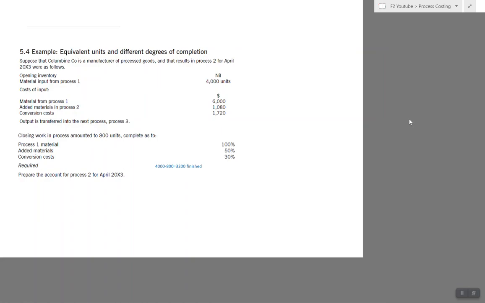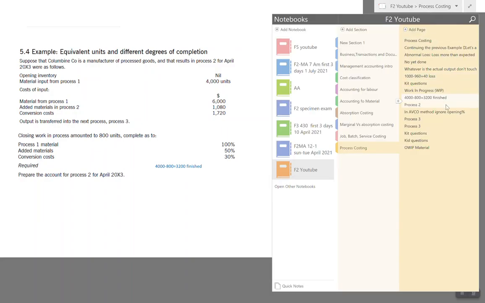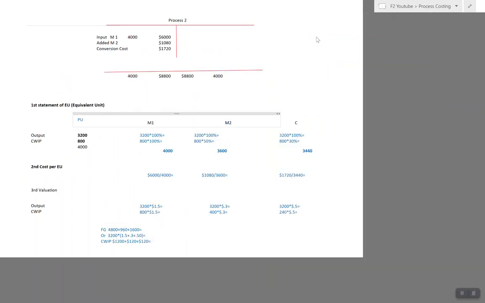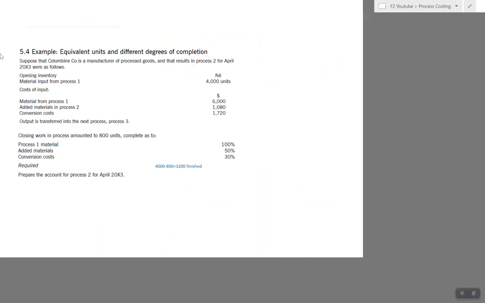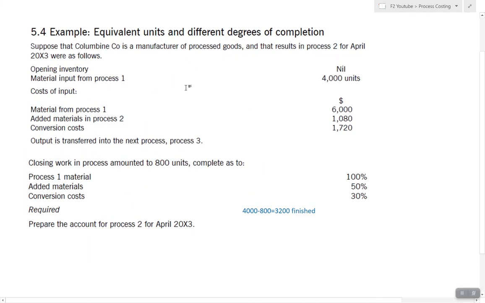We have another question here. There is opening work in progress as well. Suppose that Columbine Co. is a manufacturer of processed goods, and the results in process 2 for April 2013 were as follows.